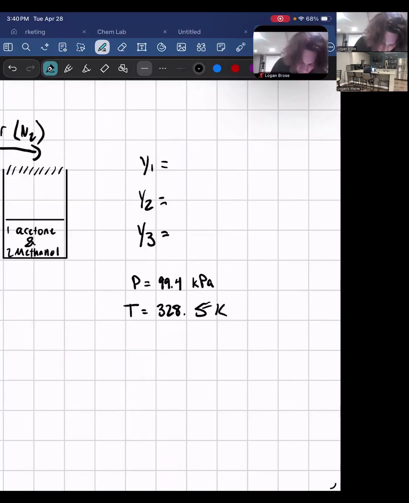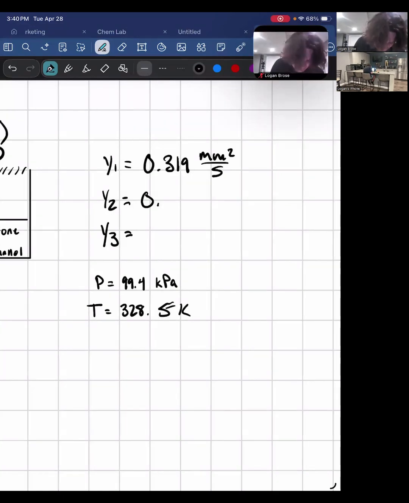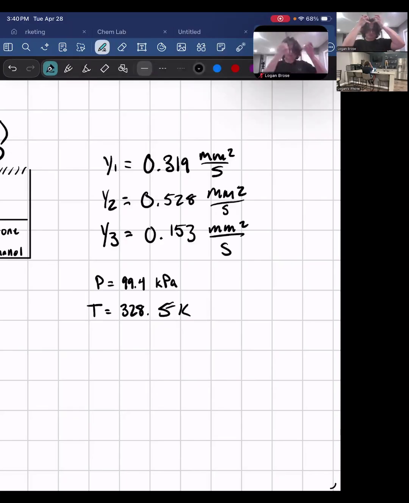So Y1 is 0.319 millimeters squared per second. Y2 is 0.528 millimeters squared per second, then 0.153 millimeters squared per second, right?